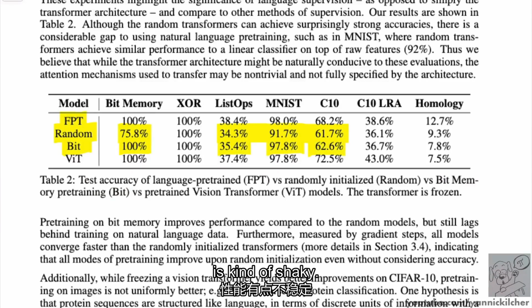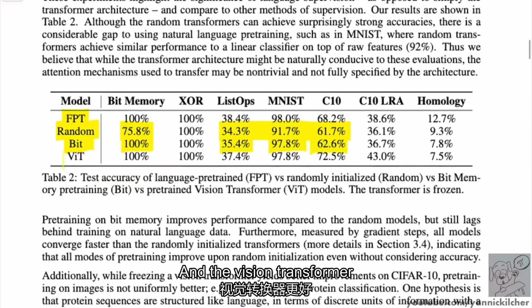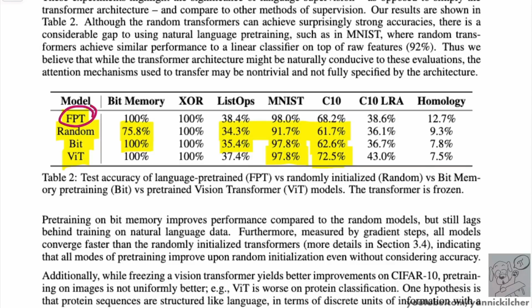The performance is kind of shaky, and the vision transformer is better, but it still lags behind, except on CIFAR10, because, being pre-trained as a vision model, it seems okay that it performs well on image modeling. The whole point here, though, is to generalize to domains out of your pre-training. And on these domains, the language one is better than all the other ones.